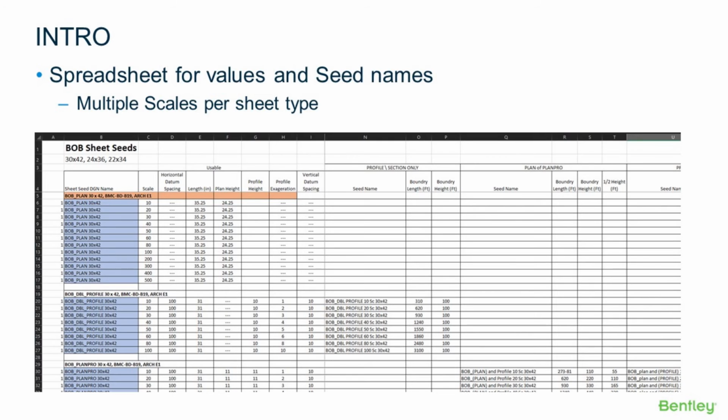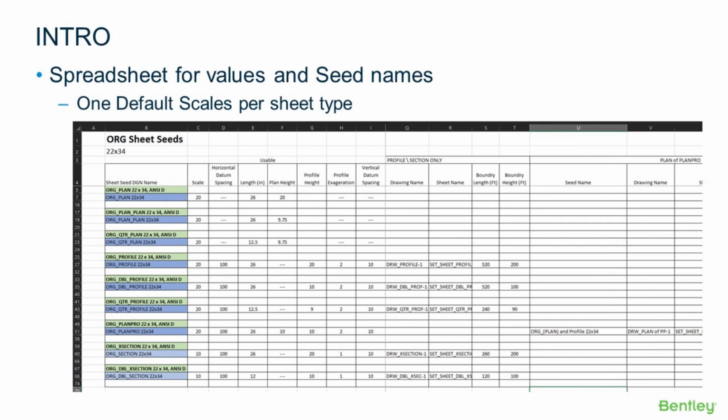And then I put in the size of the drawing area and have it calculate certain values that I'm going to enter into the sheet seeds. That's a nice way to make sure that everything is consistent. I have all my names. I always copy the name of that particular sheet seed from the spreadsheet to create my sheet seeds.